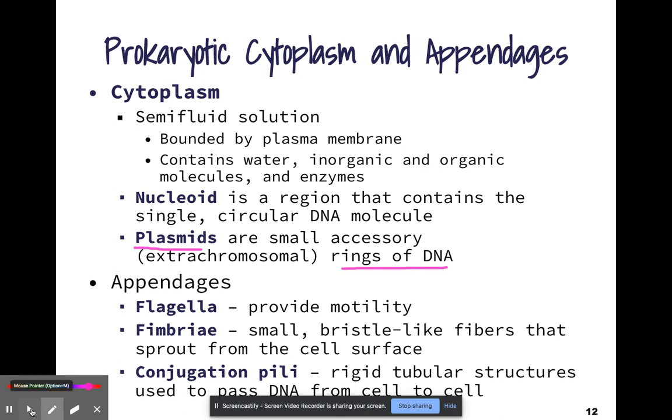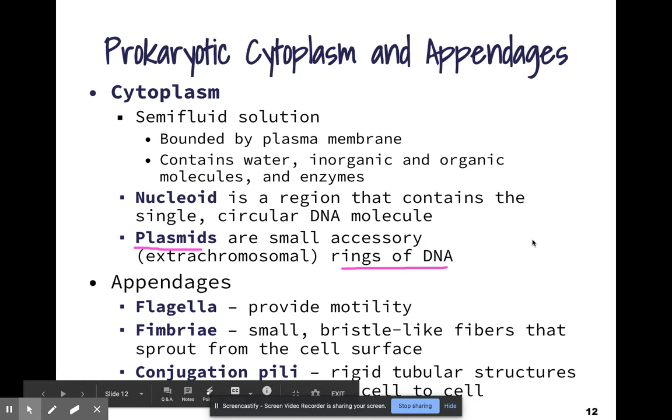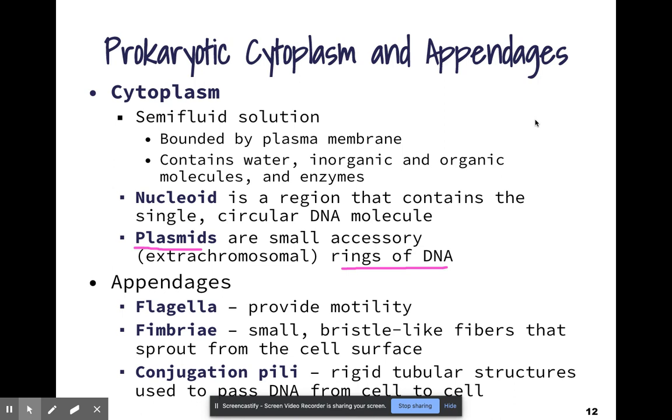We also know that prokaryotic cells have appendages that allow for movement. There are three types of appendages that we look at. They have a flagella, which is tail-like and provides motility; it allows these organisms to move. They have fimbriae, which are small bristle-like fibers that sprout from the cell surface.